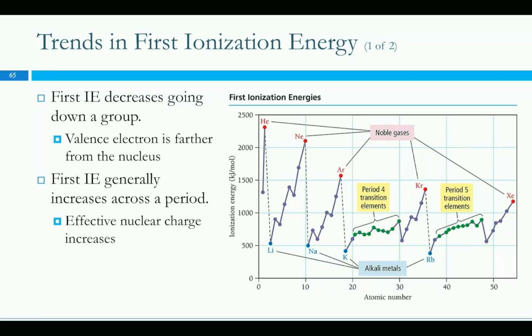In general, first ionization energy decreases going down a group. And this is because, really simply, the valence electron's farther away from the nucleus. As I put in more shells, that puts more space and more shielding between the nucleus and an electron on the outside. It's also the same reason that the energy levels around an atom's nucleus get closer and closer together as you go up.